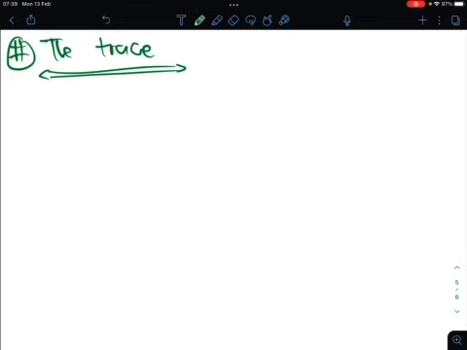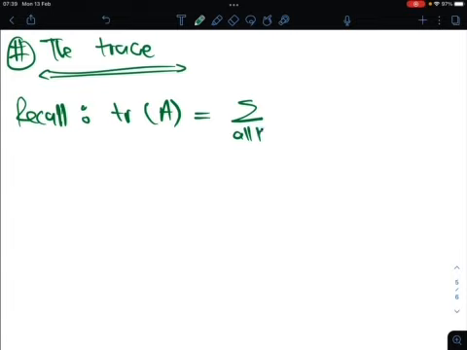So recall that we define the trace as follows for a matrix: for all k, it is just the sum of a_kk for a particular matrix such as A. That's what the trace really is.